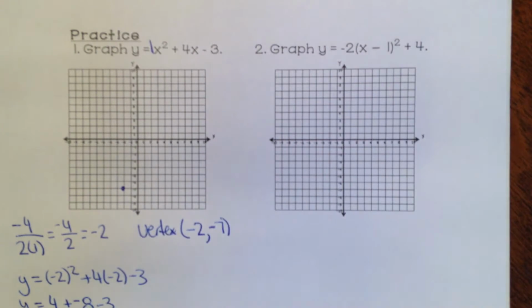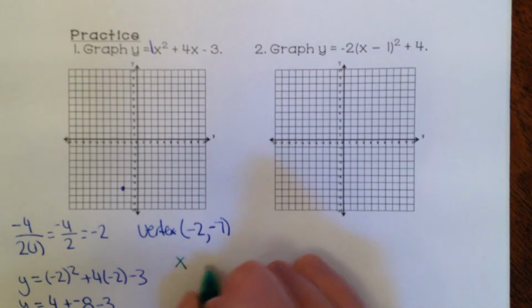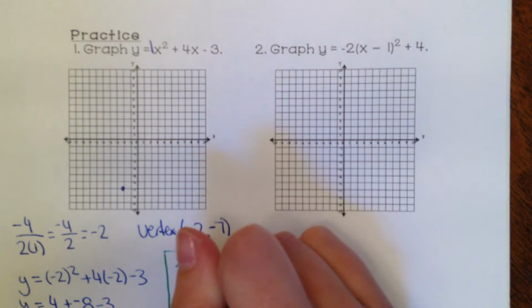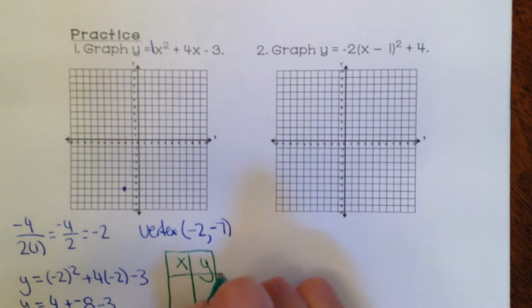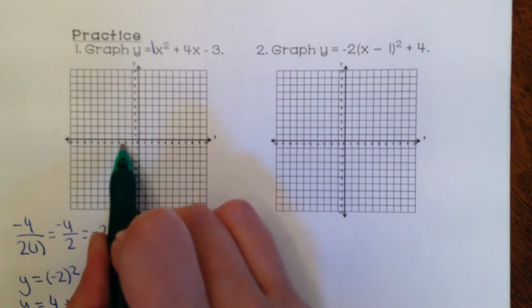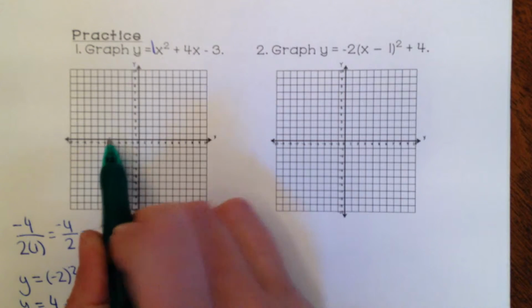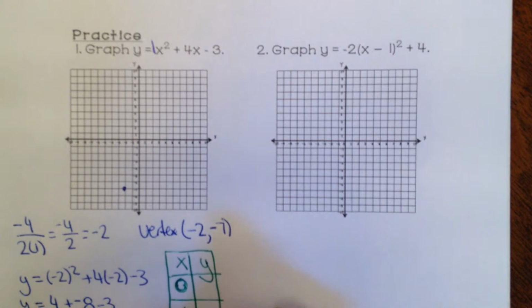Okay. Then again, I'm going to create a table with x and y values, and I'm going to look at a couple to the right and to the left. So this x value is -2. So I'm going to do -1 and 0, -3 and -4. I'm going to go largest to smallest.